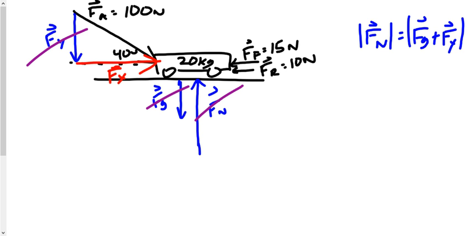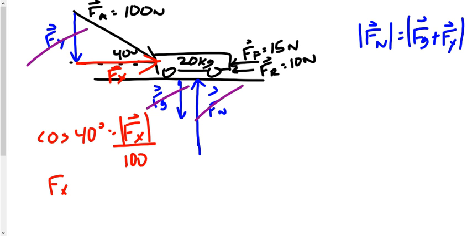Abby, how do we get the value of Fx there, the x component of that 100 newtons? Good. We're going to say cosine 40 degrees is equal to adjacent, Fx, over the hypotenuse, 100. Abby, do you happen to have the number there? 100 times cosine 40? 76.604 newtons. Okay, good. And now what do we do next?